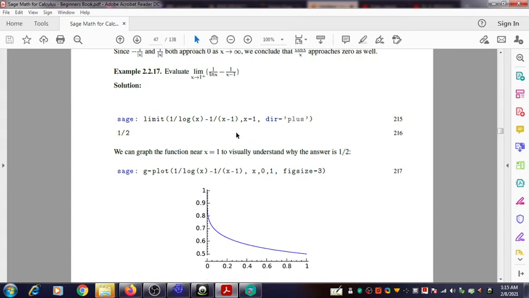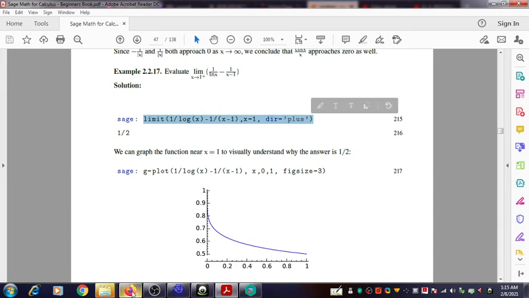Therefore you should write the direction. For direction you should write plus, the positive side, so you must substitute direction dir equal to plus in quotation. Let's try this.